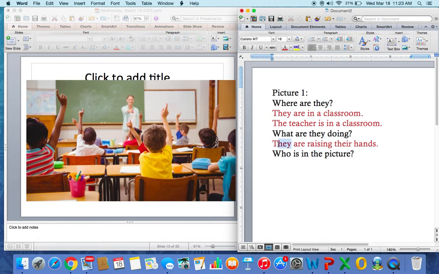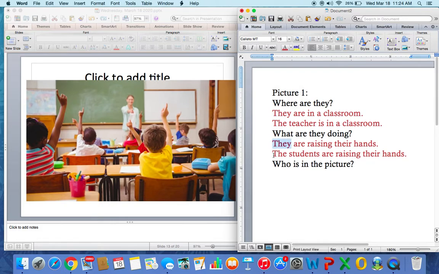If you want to be specific about who you're talking about, you can write the students, plural, with an S because there's many. The students are raising their hands. So those are 2 different sentences about the children or the students.